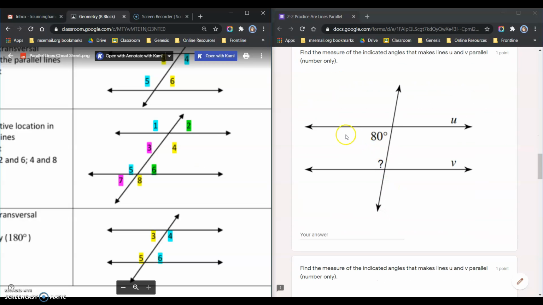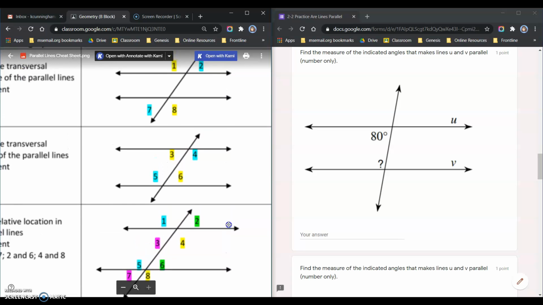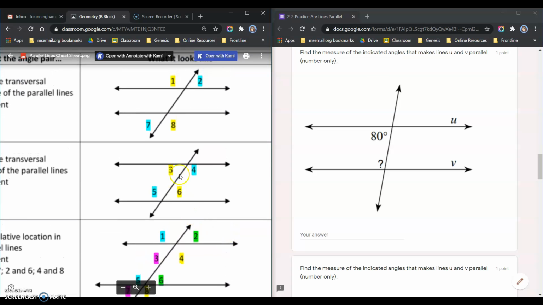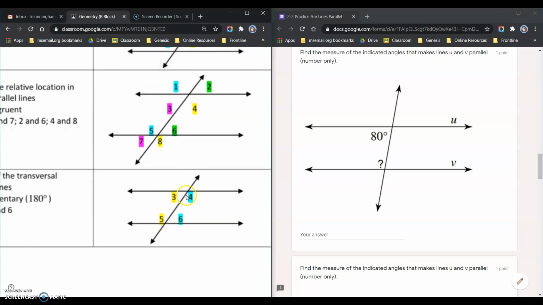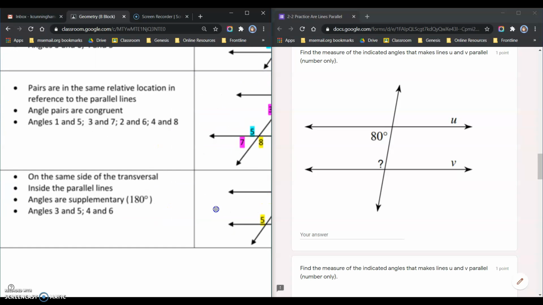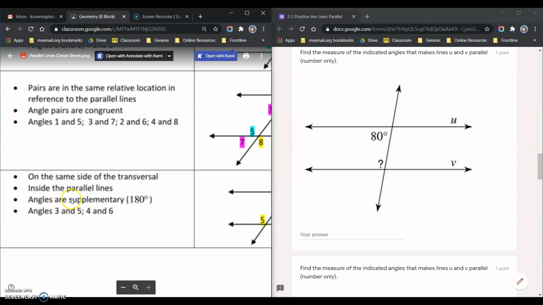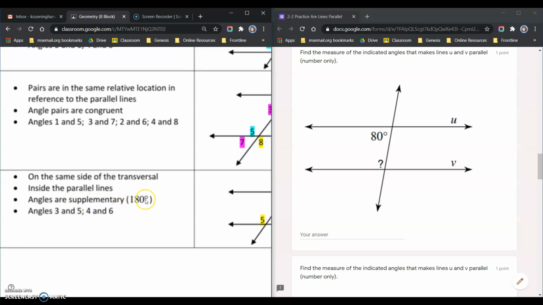Then we scroll down, and this one's a little bit different because you notice that the 80 degrees and the question mark are really close to one another. If we look at these, you might think it's this one because the 3 and 5 are close to one another, but they're not the same color. So if you look down here to where the 3 and 5 are highlighted both in yellow, you'll notice that it says the ones that are highlighted are supplementary, which means they both add up to be 180 degrees.